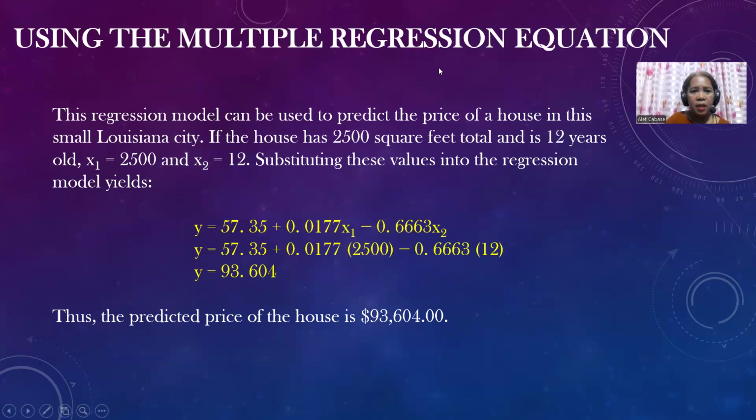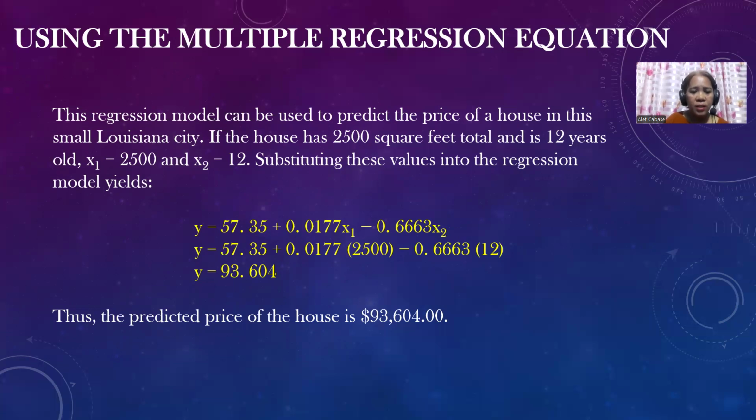Okay, so next is using the multiple regression equation. This regression model can be used to predict the price of a house in this small Louisiana city. If the house has 2,500 square feet total and is 12 years old, x1 equals 2,500 and x2 equals 12. Substituting these values into the regression model yields y equals 57.35 plus 0.0177 x1 minus 0.6663 times x2.